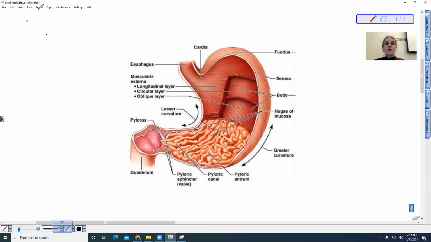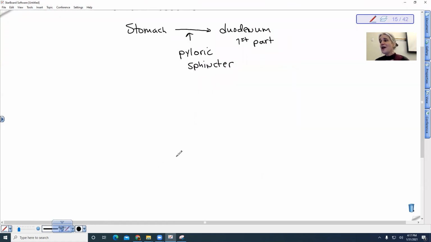Okay. So if we look at the digestive properties of the small intestine, we have chemical digestion. Where do these enzymes come from? A lot of them come from the pancreas.